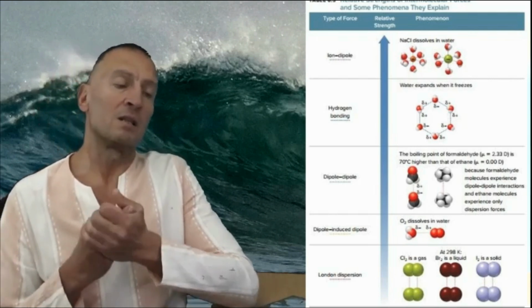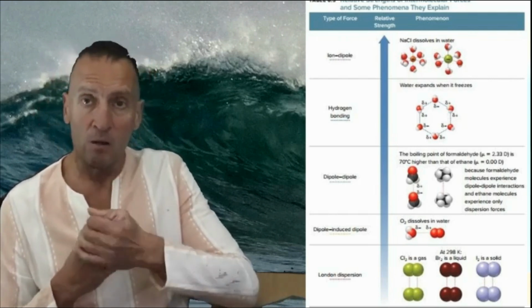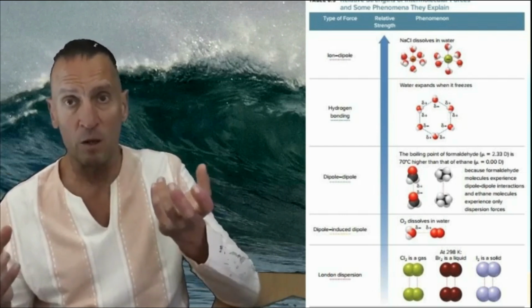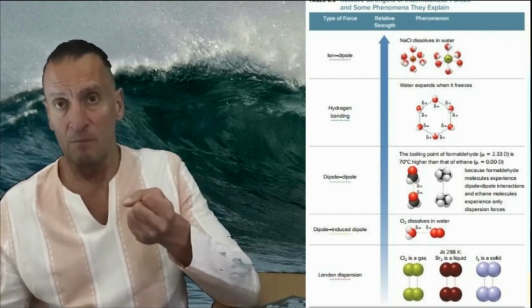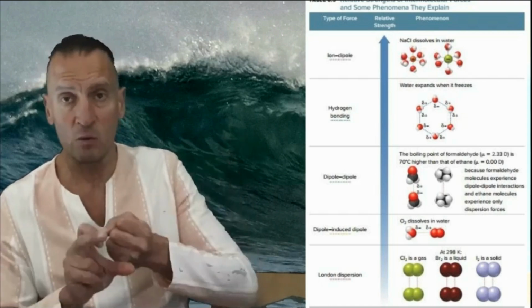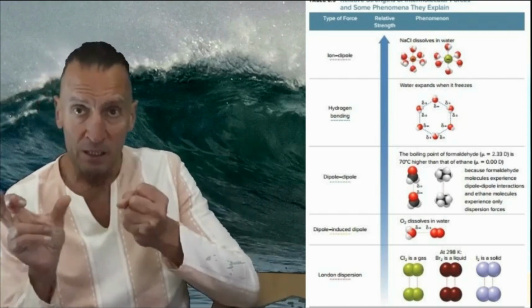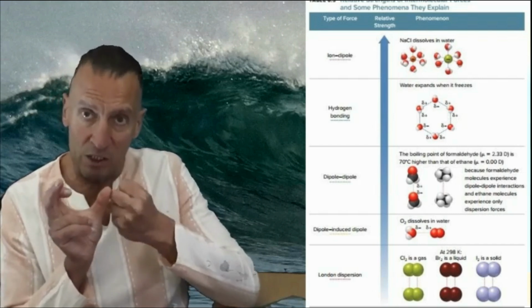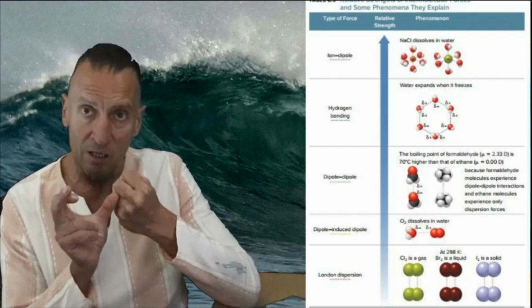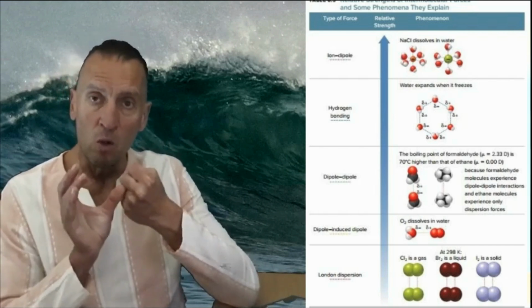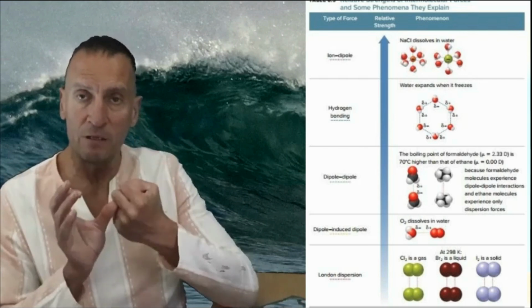Then we've got dipole, induced dipole, water and oxygen. When you've got a dipole, that's the water molecule, and then you've got a non-polar molecule like oxygen or nitrogen. And this is why they get dissolved in water, because temporarily this dipole is inducing the other molecule to pull the positive to the negative charge.